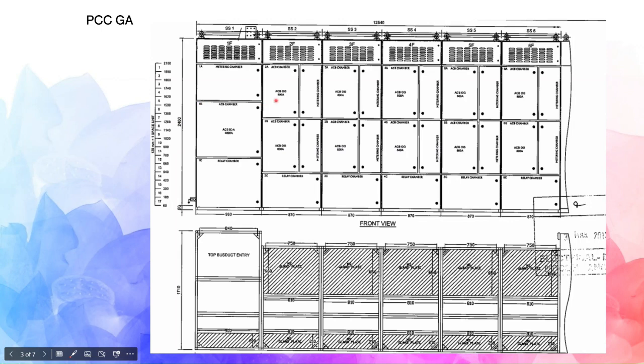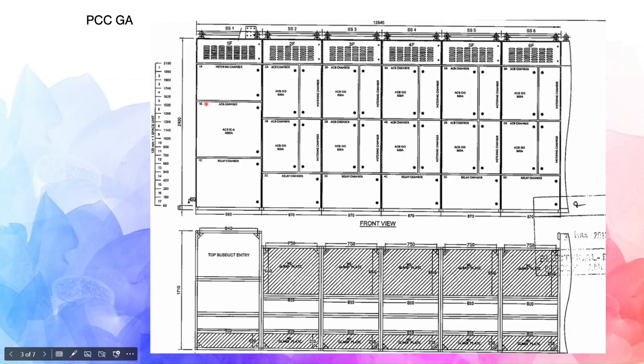For example, in this vertical 2F, there are two feeders. So from a load list given to a designer, one can calculate how many verticals and how many feeders are required in a particular PCC, so that they can size the dimension of that PCC or MCC, and that size is found from here only.